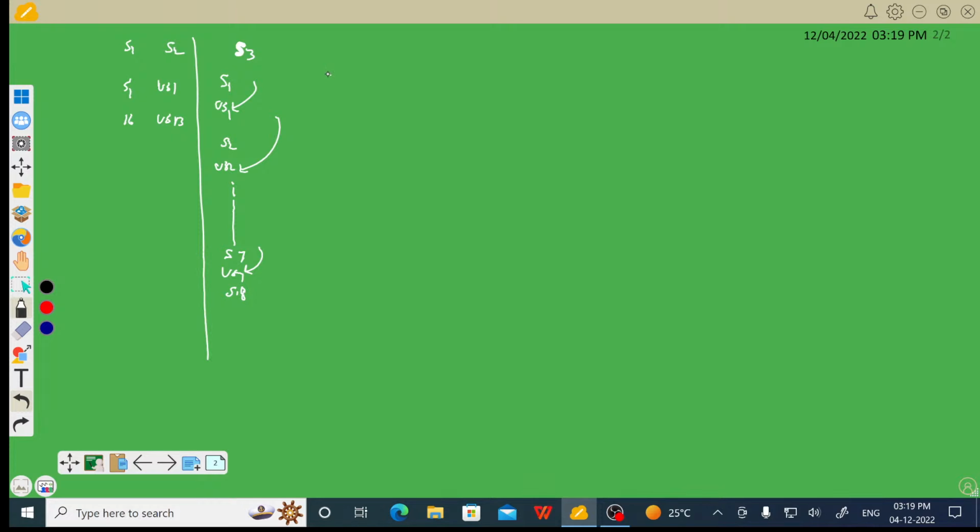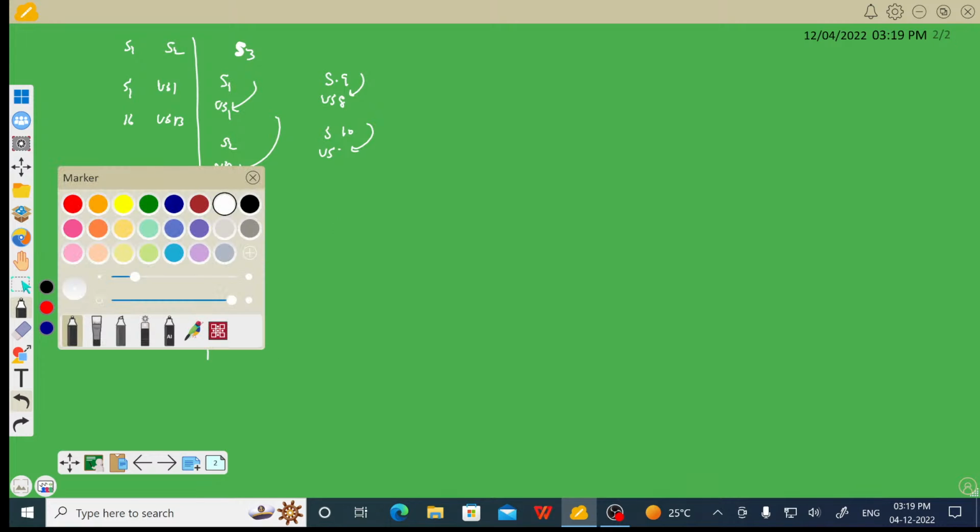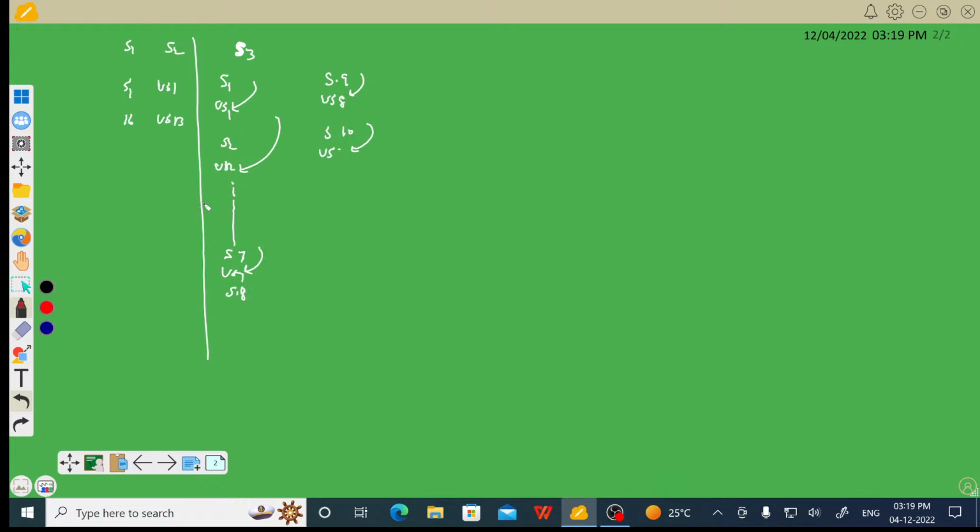Then we begin with Sutra 9, and the gap is filled by Upsutra 8. Sutra 10, the gap is filled by Upsutra 10, and so on. We continue and reach up till Sutra 14, followed by Upsutra 13, and then Sutra 15 and Sutra 16.